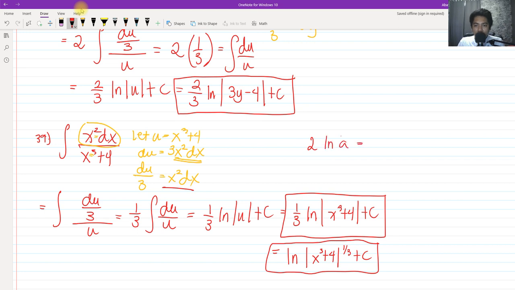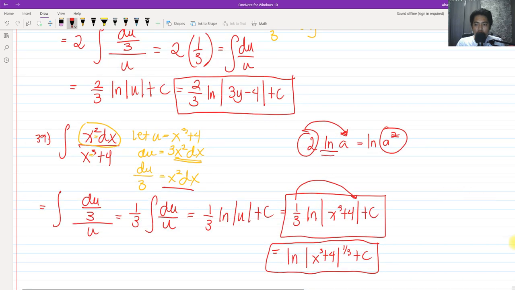We can rewrite it as ln of a squared, wherein whatever is the constant value in front of the ln, it becomes the exponent of whatever is inside the ln. So this becomes ln of a squared. Same process with what happened to this. This 1/3 becomes the exponent of whatever is inside the ln. So that's how you write the answer the other way.